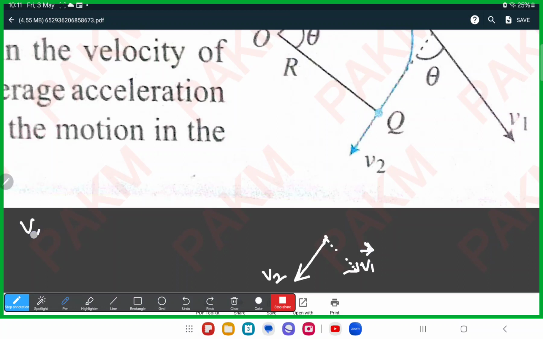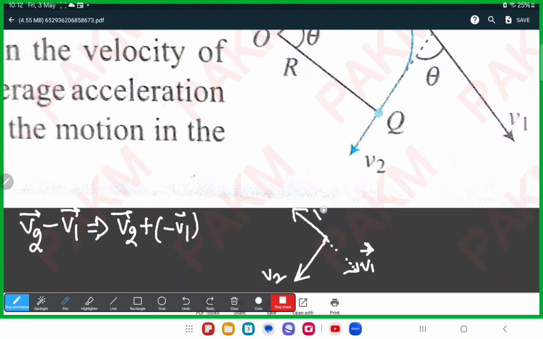Now we have to calculate v2 minus v1. In vector form we can write it as v2 plus minus v1, because in vectors we add, not subtract. For minus v1 we only have to reverse the direction.